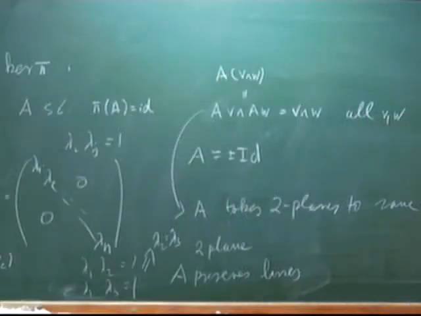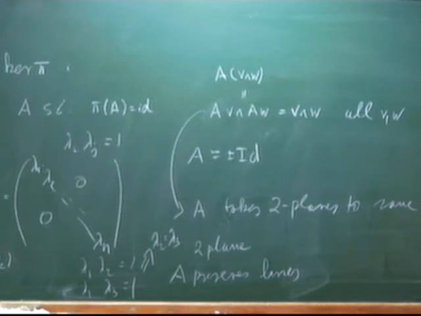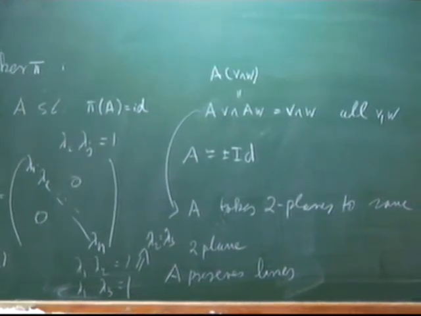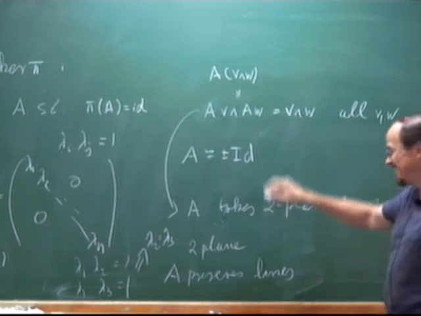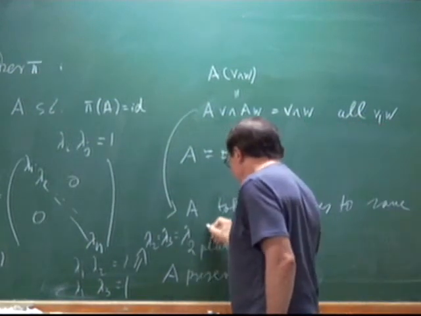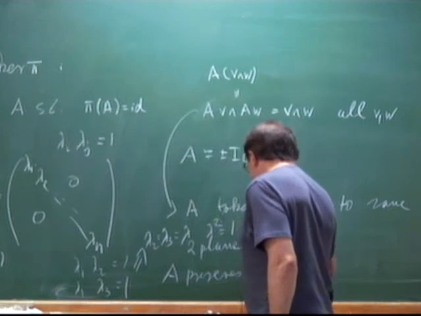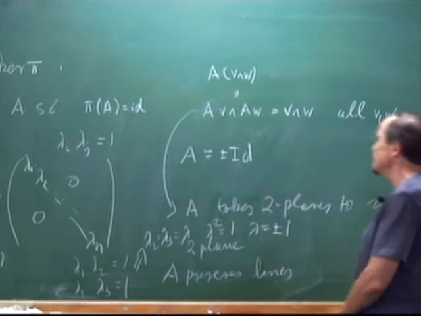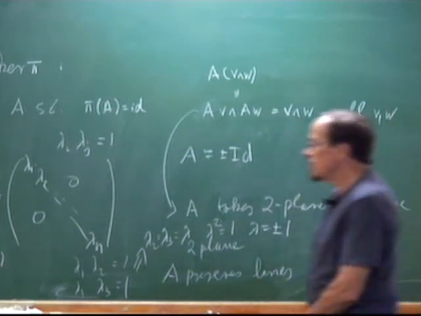So all the diagonal entries are the same: lambda times identity. And the square is 1, so lambda is plus or minus 1. Very good. So our kernel is Z2.